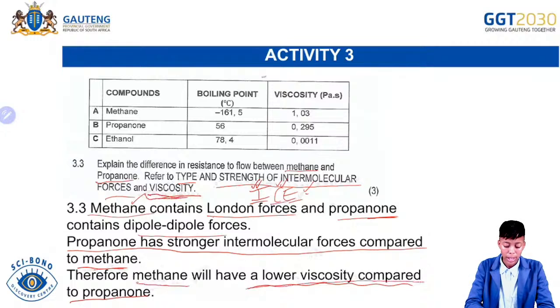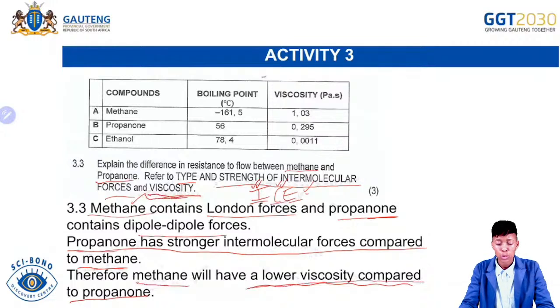When we compare methane and propanol, which one is the weakest? Methane has weaker intermolecular forces. So if it has weaker intermolecular forces, the viscosity as well will be lower.